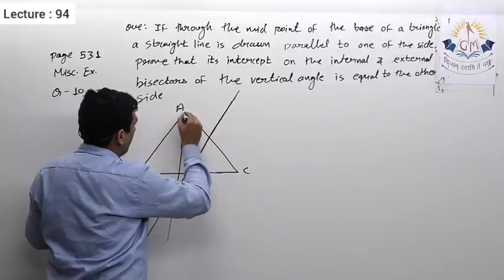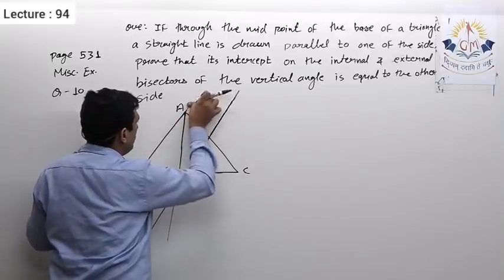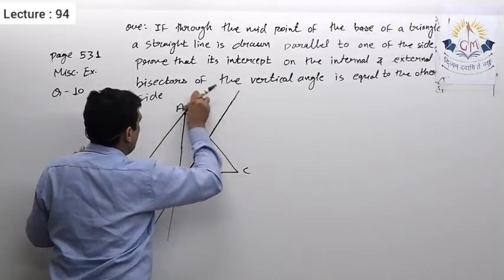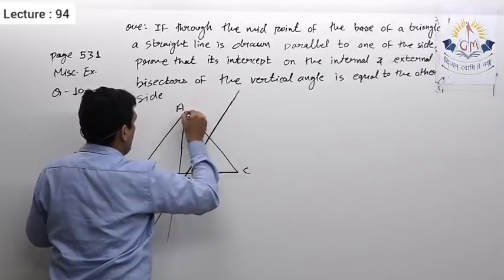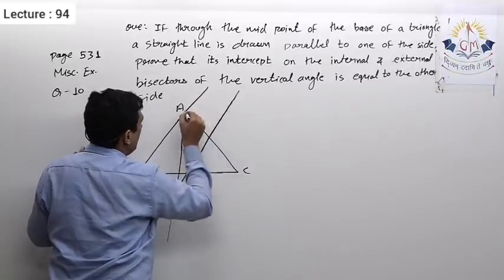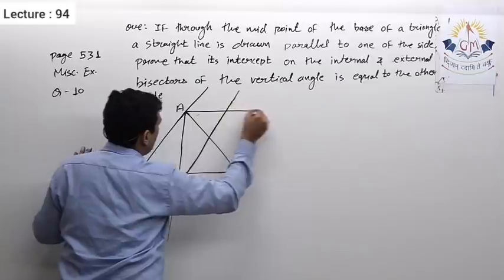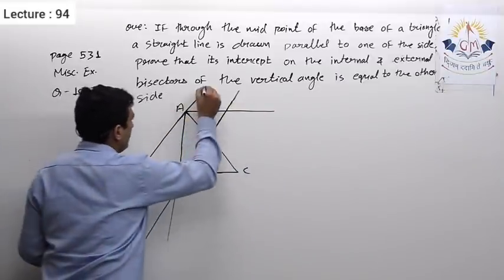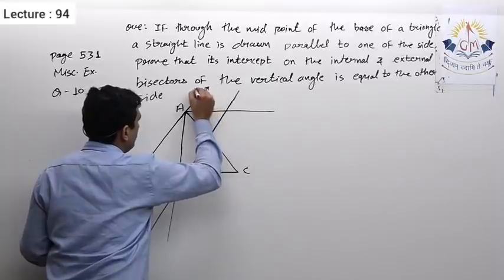And if I extend this up to form an exterior angle, then this is the bisector. I hope it is a little bit clear to you.